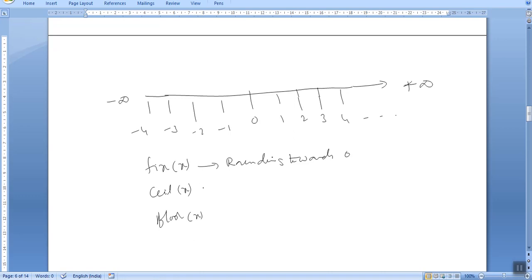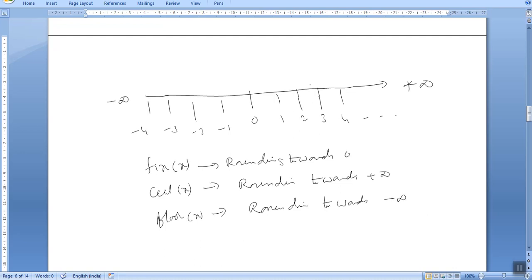Ceil is rounding towards positive infinity. Floor is rounding towards negative infinity.